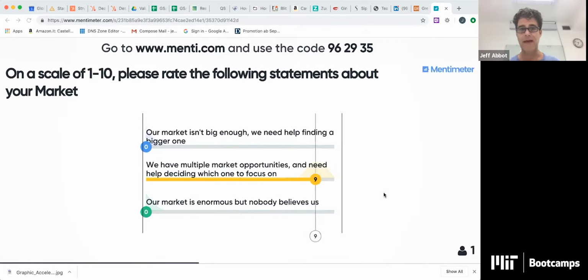Or maybe it's the case that you're in this enormous market, at least you think it's enormous, but you know something that nobody else knows, and you just haven't been able to convince people that in fact this market is out there.